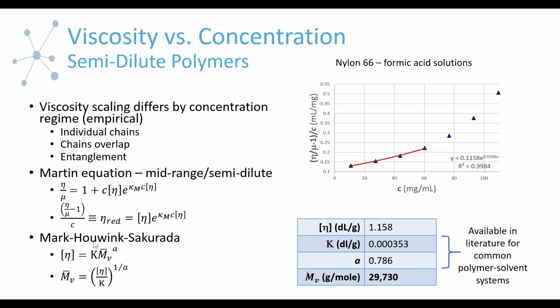So what I'm looking for is this prefactor K, or kappa, and this power law exponent a. I found values for these in some publications, and they're also in the Polymer Handbook, and I found somewhat consistent values across the resources. Using the intrinsic viscosity and the parameters from the literature, I was able to estimate the viscosity average molecular weight for our polymer system, which I found to be slightly less than 30,000.